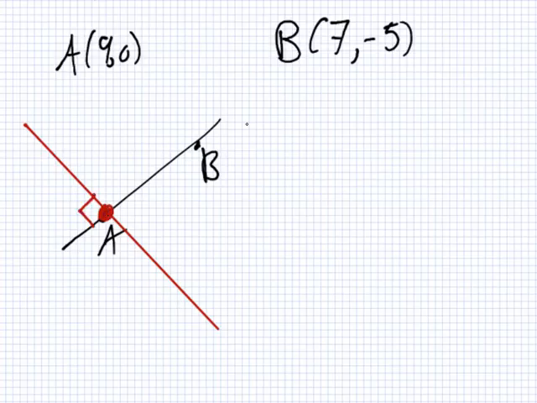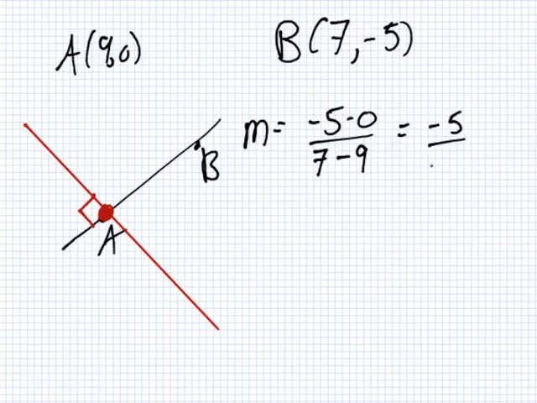So first I find the m. It'll be minus 5 minus 0 over 7 minus 9. So that's minus 5 over minus 2. So that would be 5 over 2. So what's the m here for this line? Minus 2 over 5.